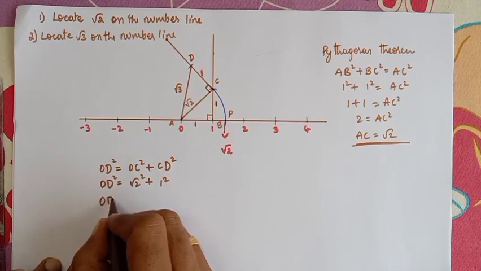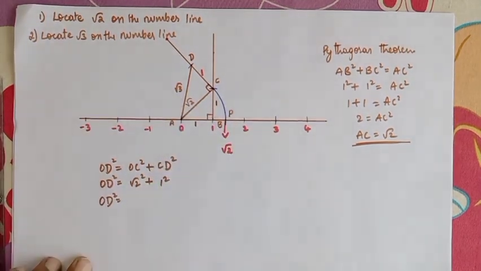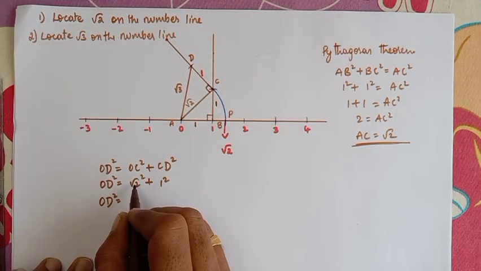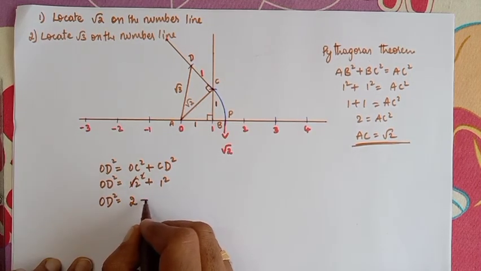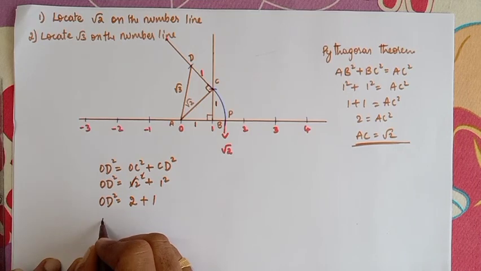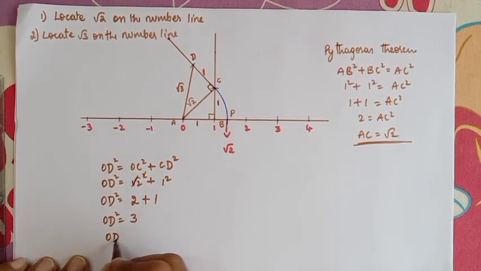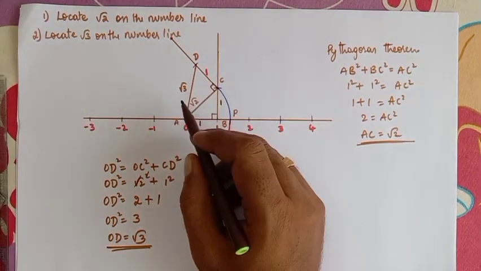I have already written root 3 as I know that, but let me confirm it by calculation. Root and square cancel, plus 1. So OD square is equal to 3, so OD is equal to root 3. This confirms that OD is root 3.